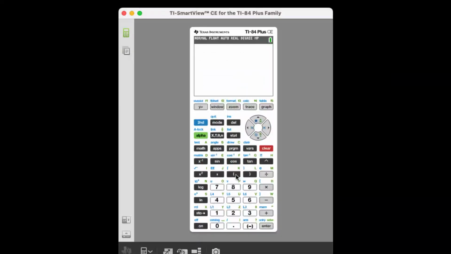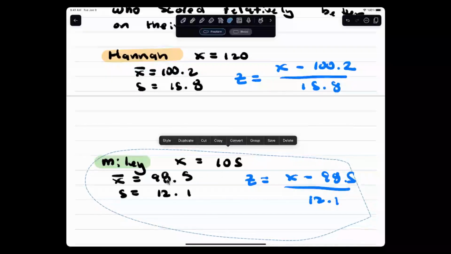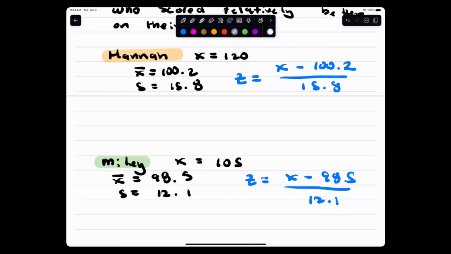So you're going to have here, ladies and gentlemen, what's the data score that you enter for Hannah? If we go back over here, what's that data score going to be? This X value goes here.